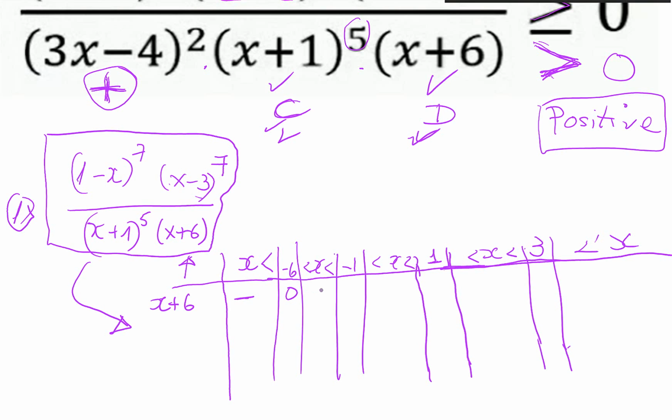Between minus 6 and minus 1, in this region, as an example, the number minus 5 plus 6 gives positive. Then, for values greater than minus 6, this expression is positive.